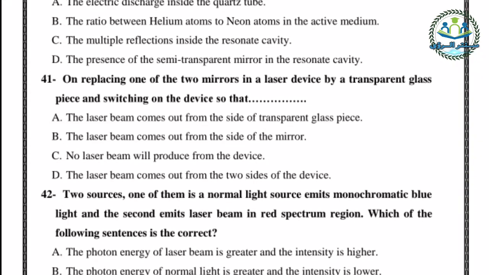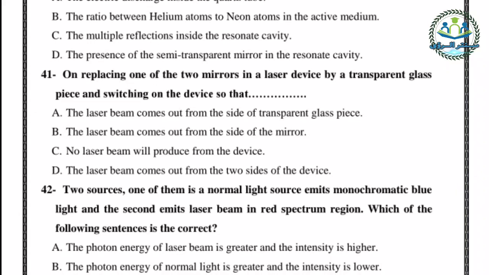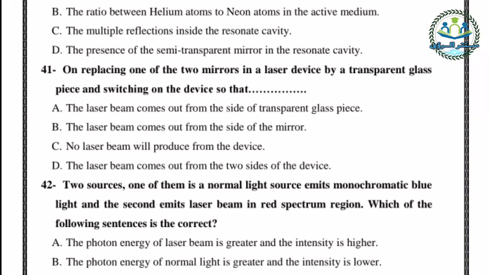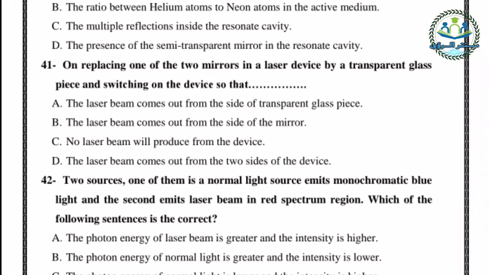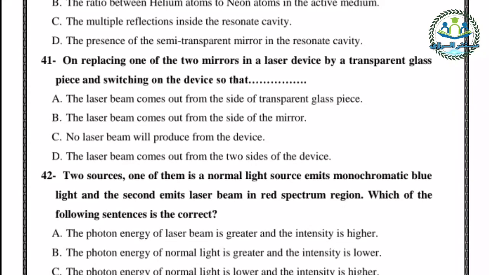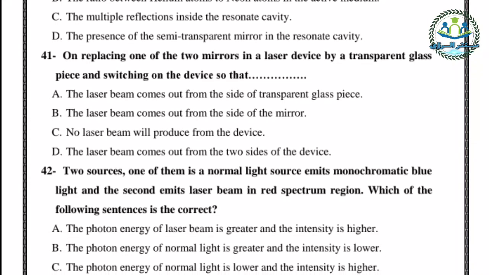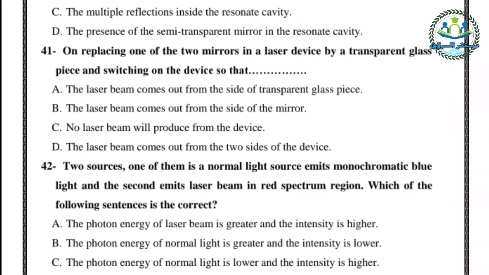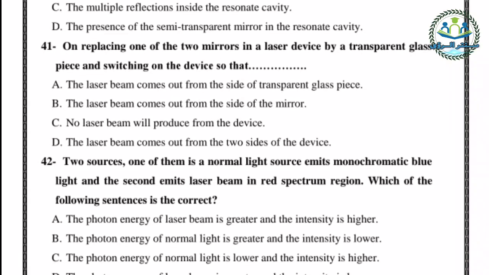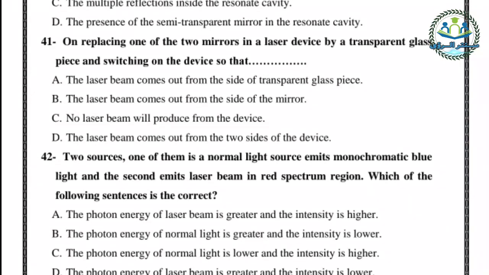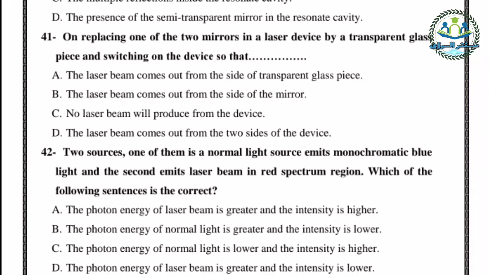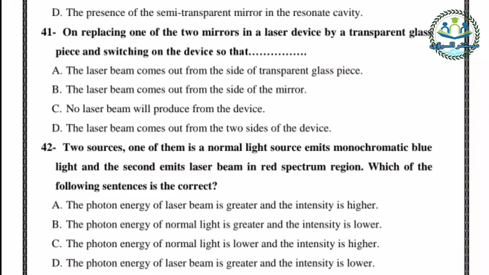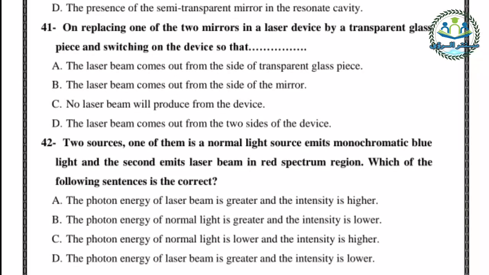42. Two sources. One of them is a normal light source that emits monochromatic blue light, and the second emits a laser beam in the red spectrum region. Which of the following sentences is correct? A. The photon energy of the laser beam is greater and the intensity is higher.